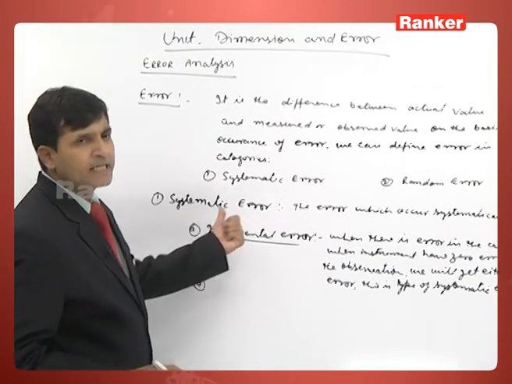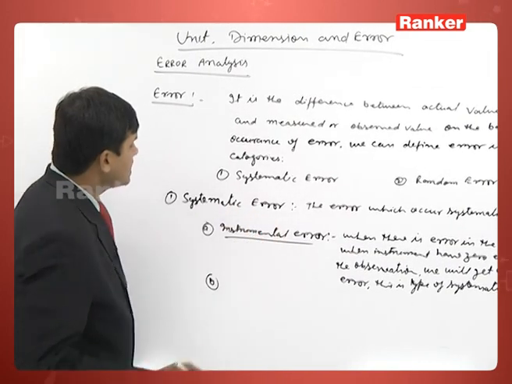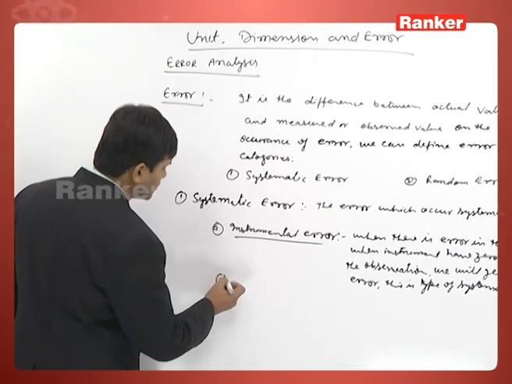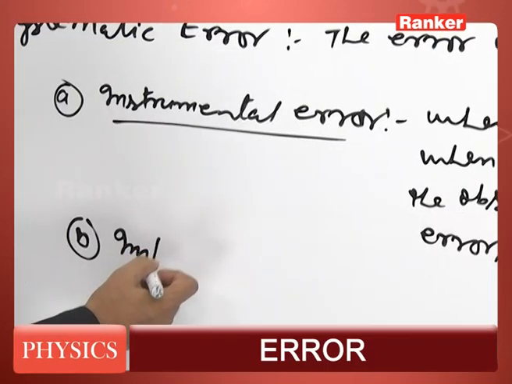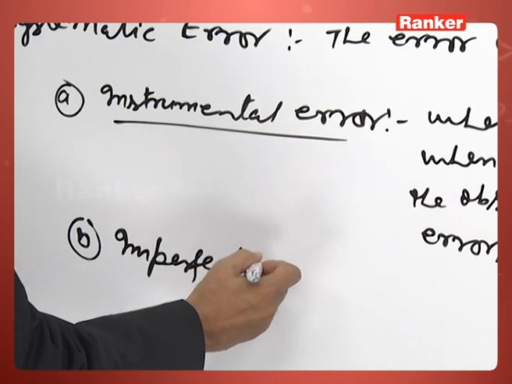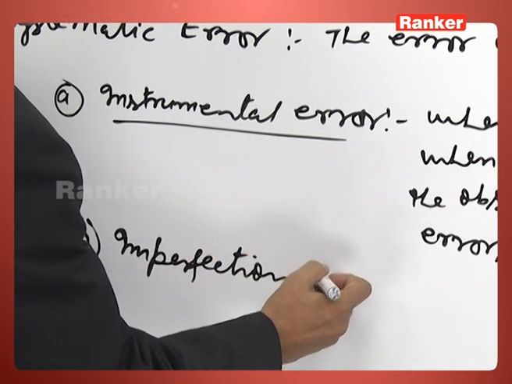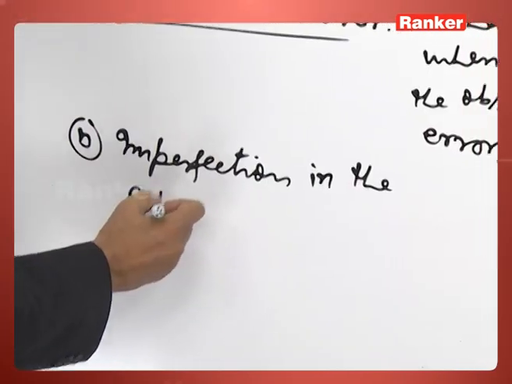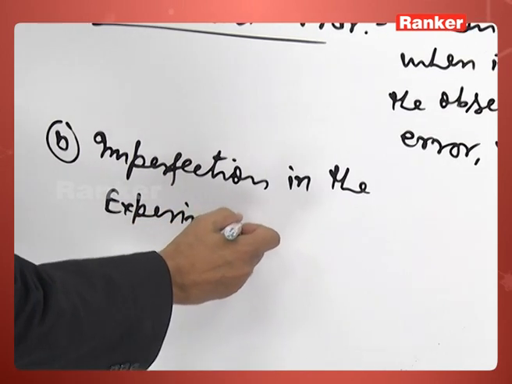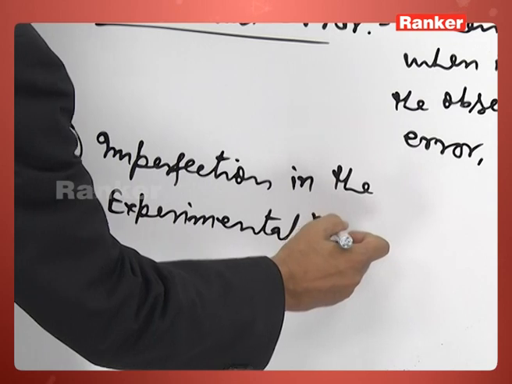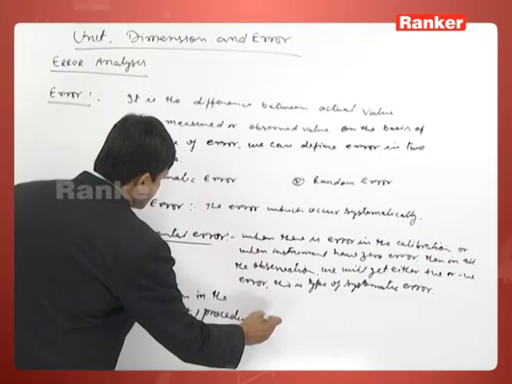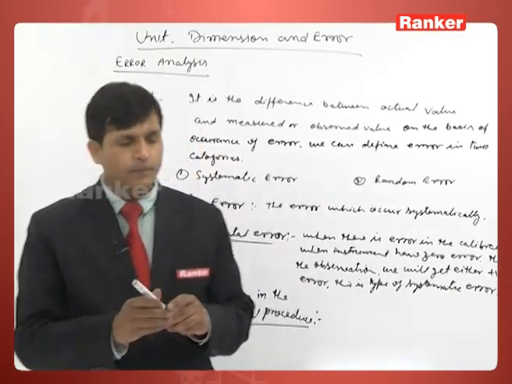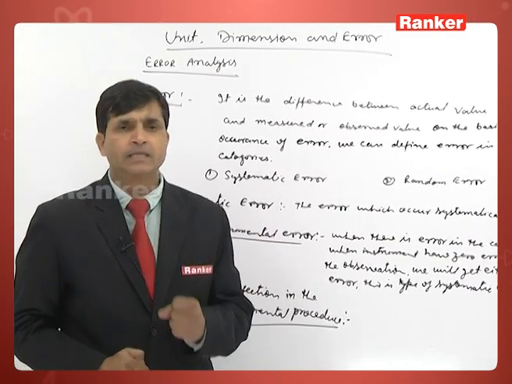Second, part of systematic error is imperfection in the experimental procedure. Imperfection in the experimental procedure means we are not following the proper procedure for that experiment.